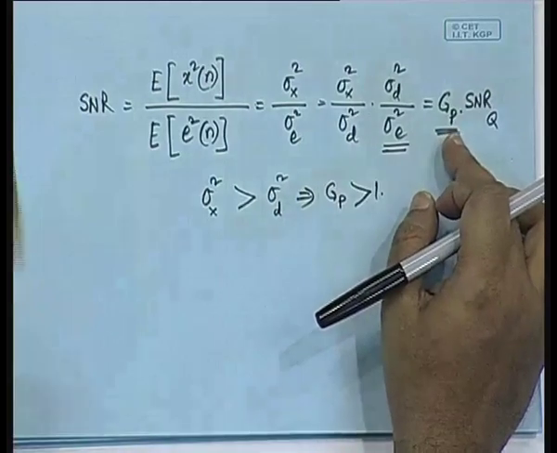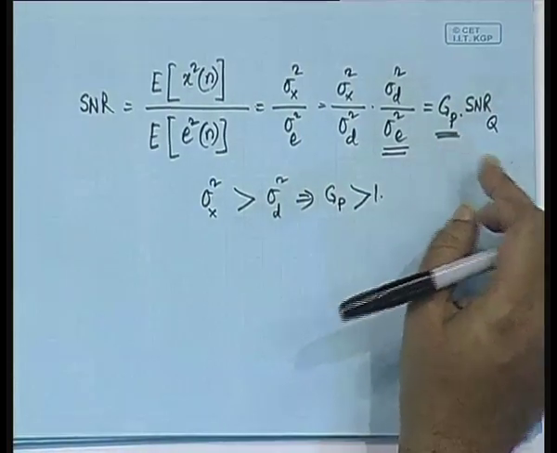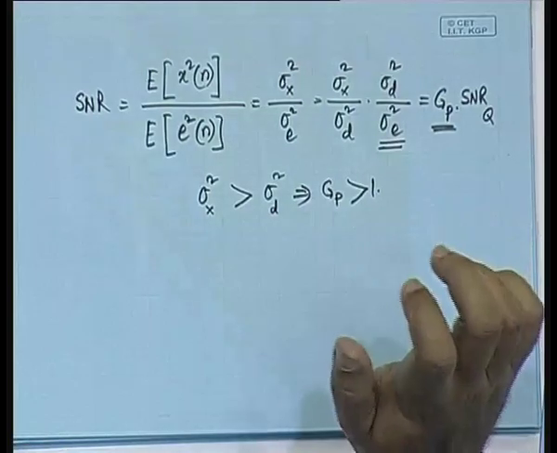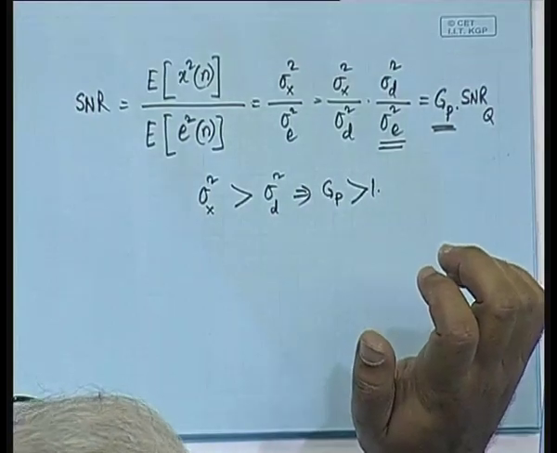Before going into any mathematical treatment, let us try to approach the problem intuitively. Are you really going to expect that sigma square x is equal to sigma square d?